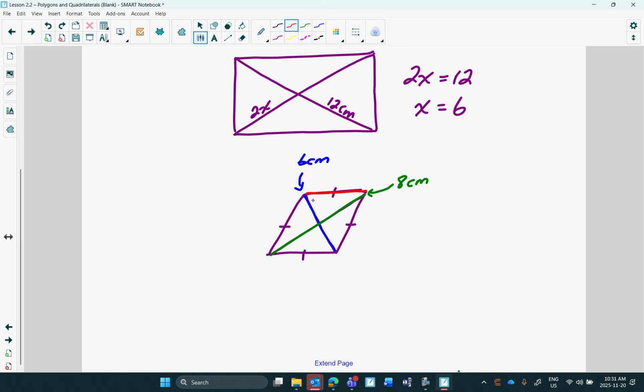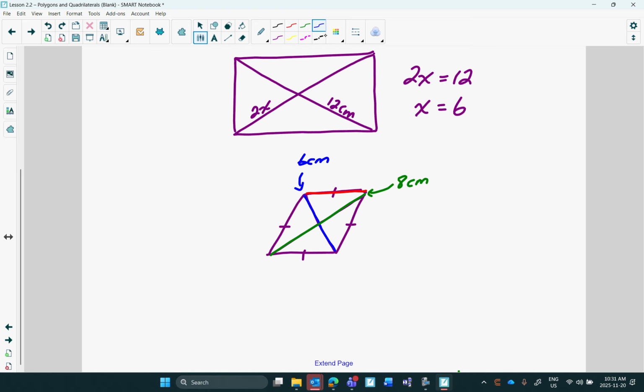What's the length of that side? 5. How'd you get that? You just divide by 2 and go 3, 4, 5. Correct, perfect.